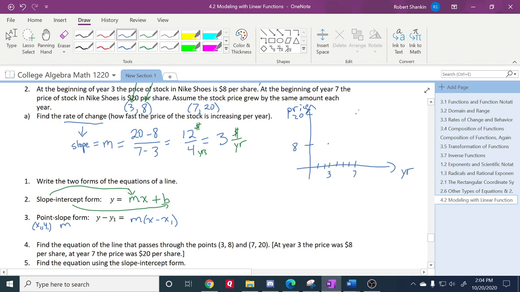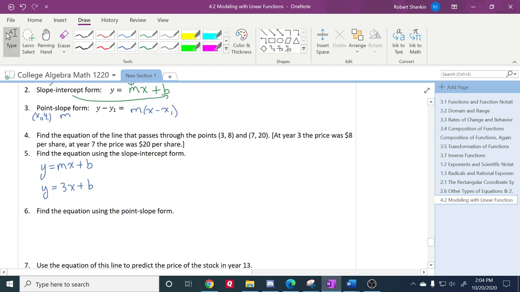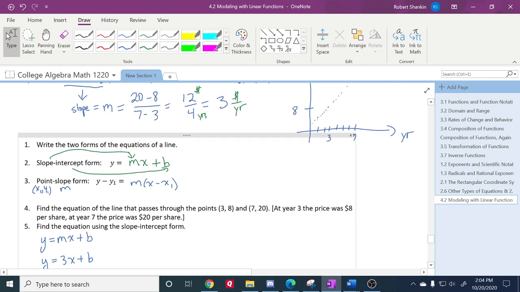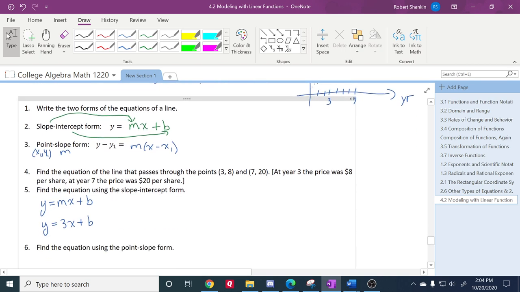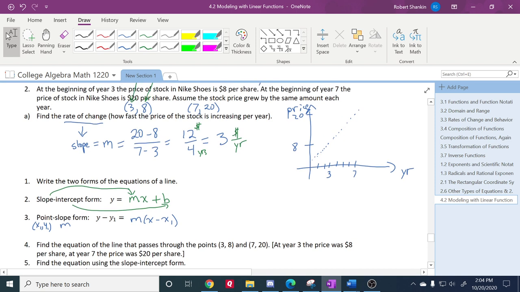We could look at this and imagine a line going through these and seeing where it hits the y-axis, and that would be the b. Because when the x is 0, we'd get the y-intercept right over here. So when I do it like this, I'm going to guess that the y-intercept is around 2 or something.